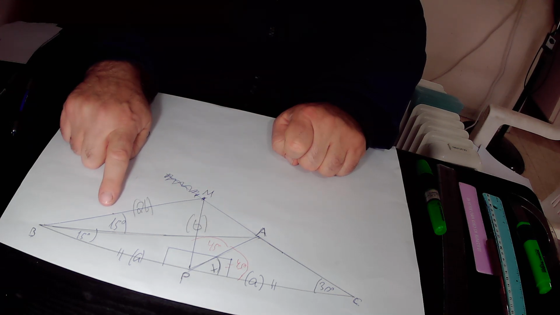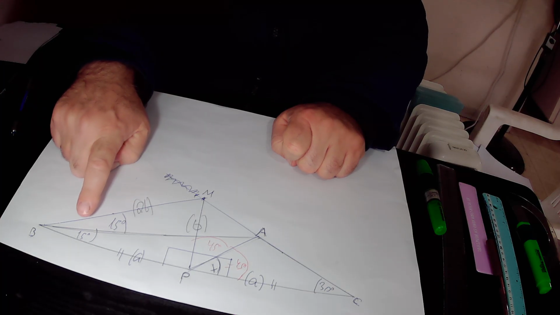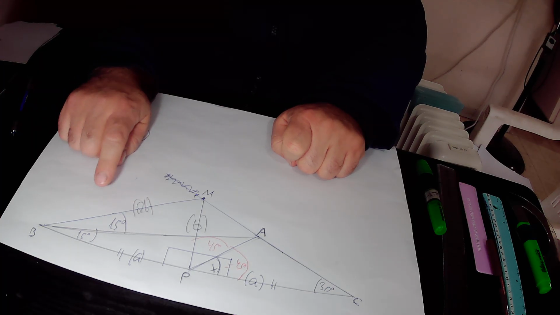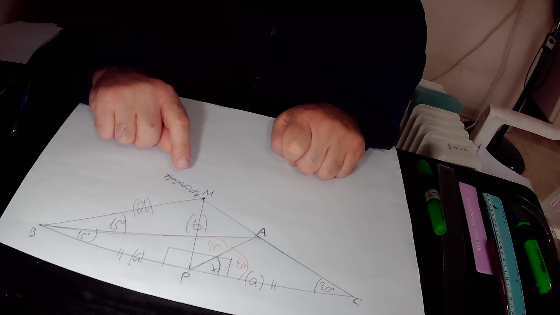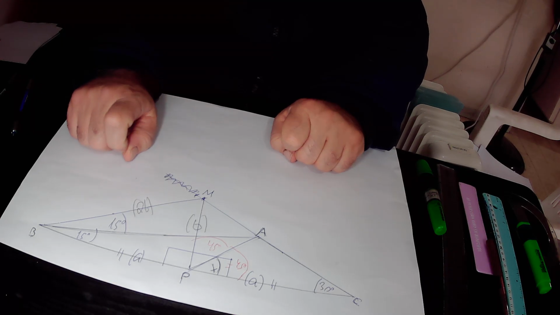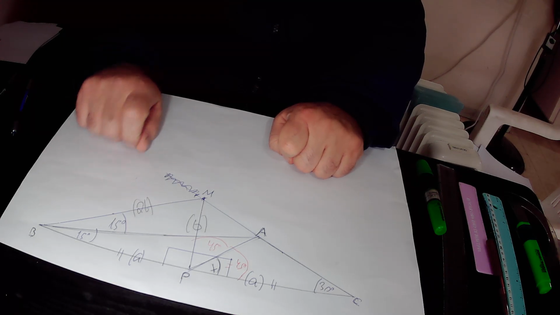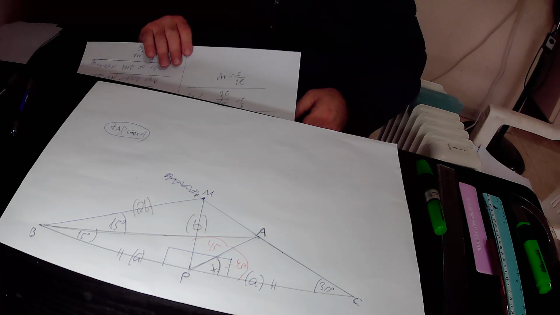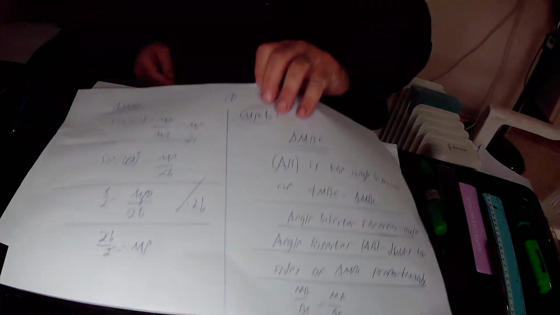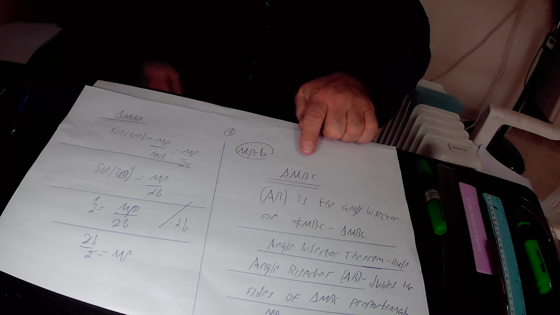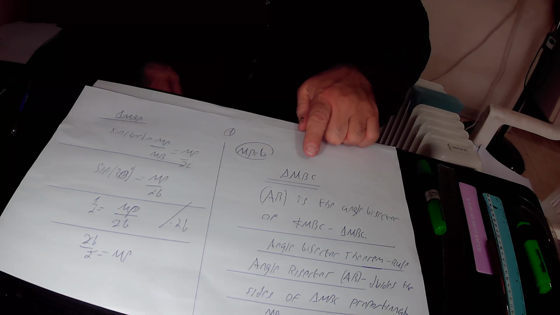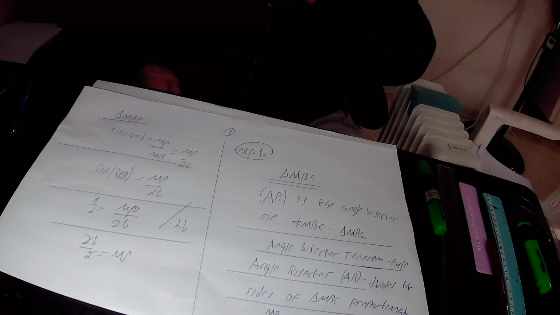The first half is 15 degrees and the second half is 15 degrees. So, in the big triangle MBC, AB is the angle bisector.